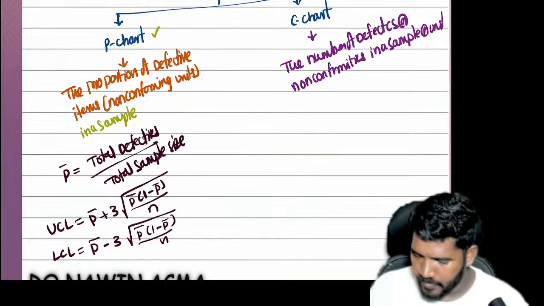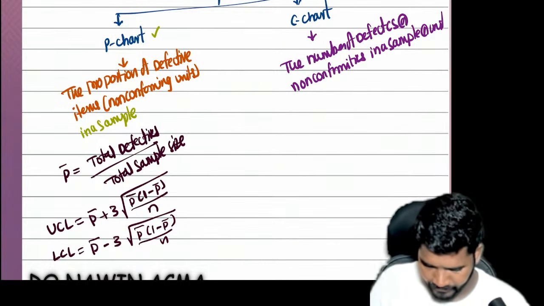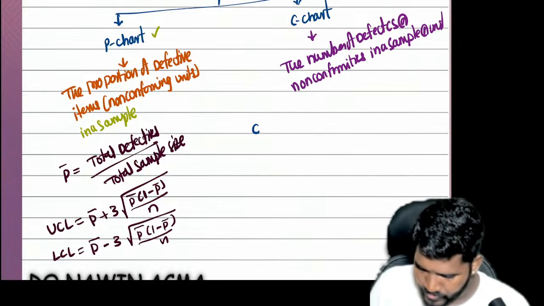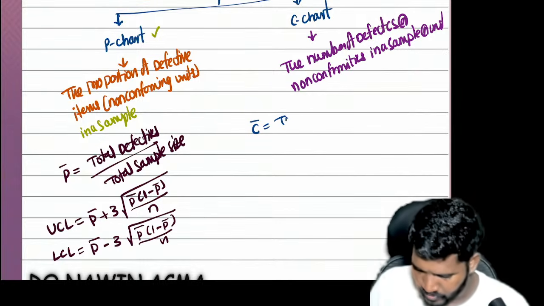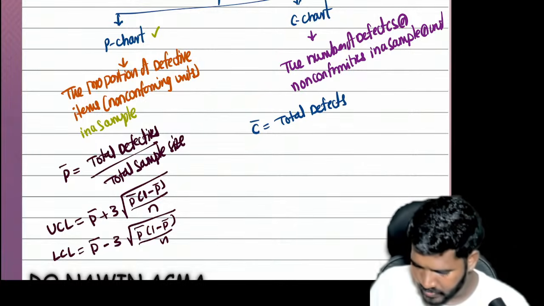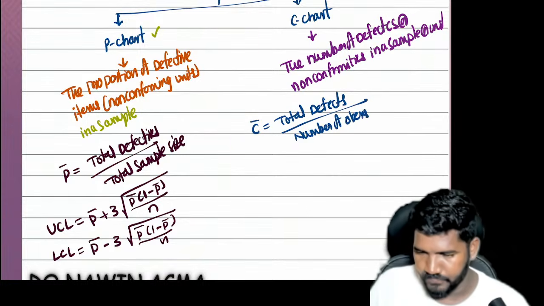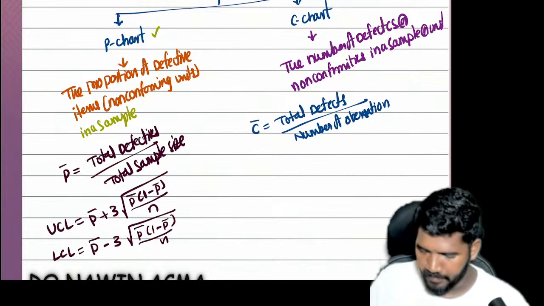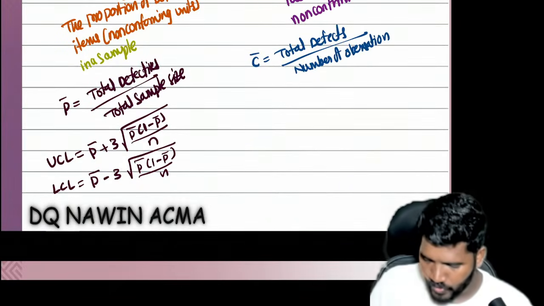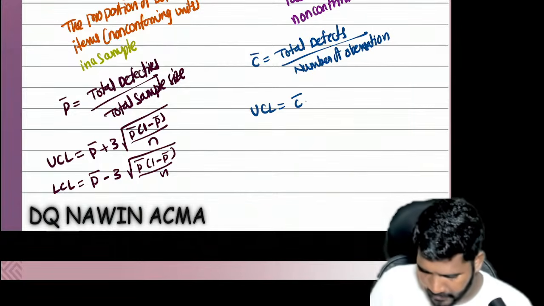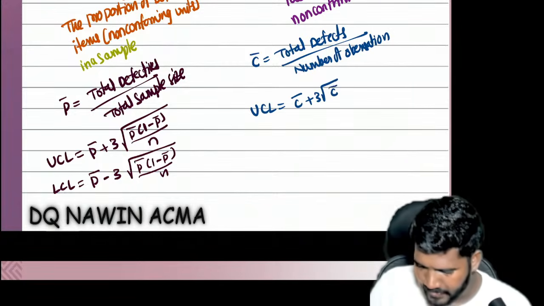Okay. When it comes to the C chart calculation, C bar equals total defects divided by number of observations. Here also we have to calculate the upper control limit: C bar plus 3 times the square root of C bar.